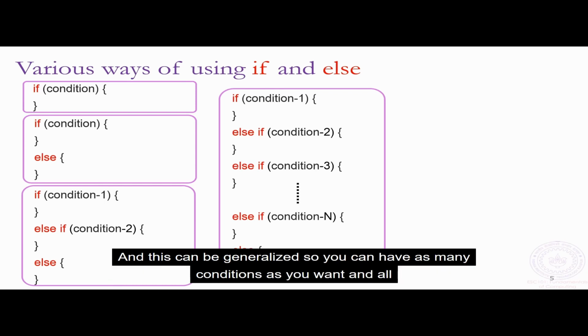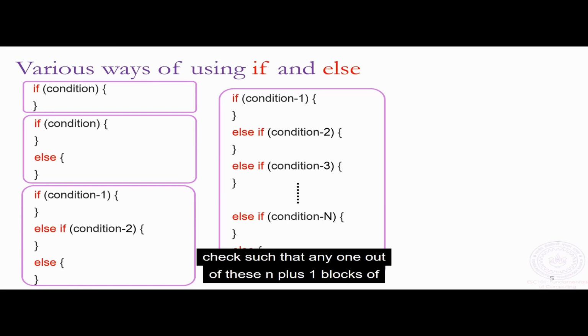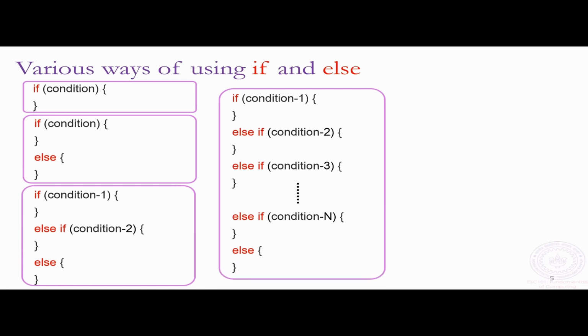You can have as many conditions as you want, and all of them have to be chained together in this else if structure. At the very beginning, there's an if, at the very end, there's an else, and you have these multiple chains of else if conditionals that implement this multiple condition check such that any one out of these n+1 blocks of code will execute.